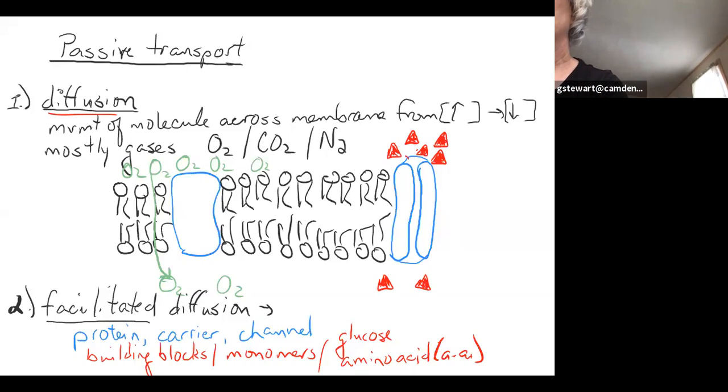These glucose molecules are going to travel right through this carrier protein. And this carrier protein is specific for a single molecule, specific for just glucose, for example, just triangles. If I have squares out here or circles, they're blocked. They cannot get through. There is a nice video, one of the bioflicks that I assigned in chapter 7, about facilitated diffusion. So you'll see a nice picture of that.